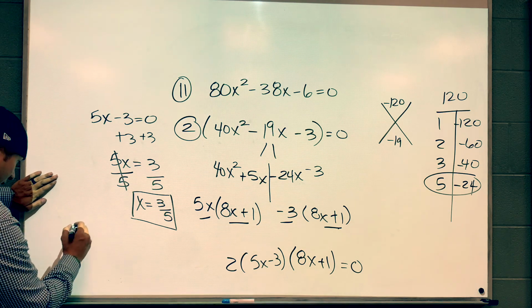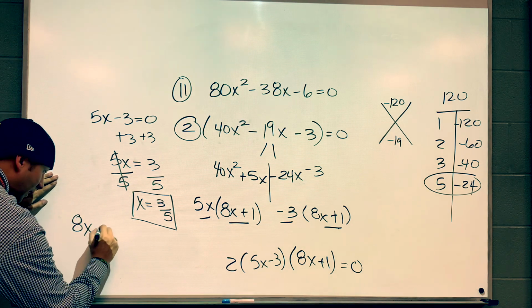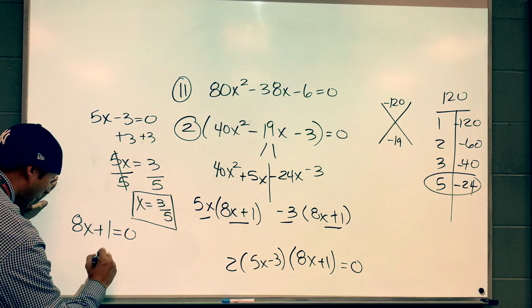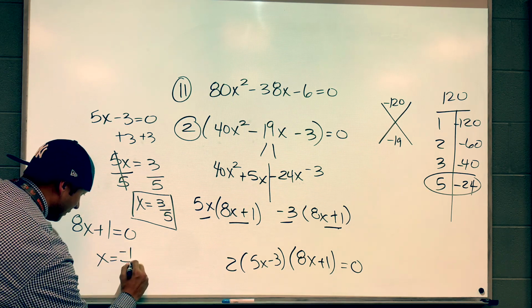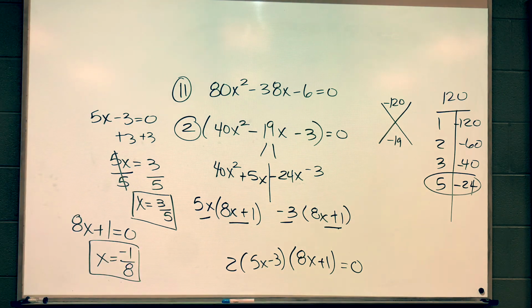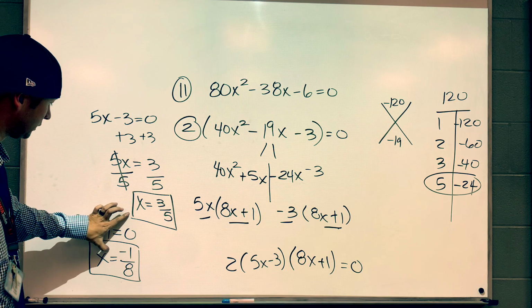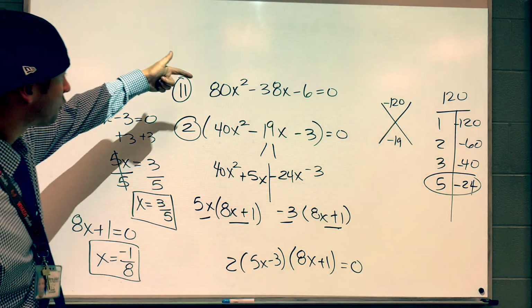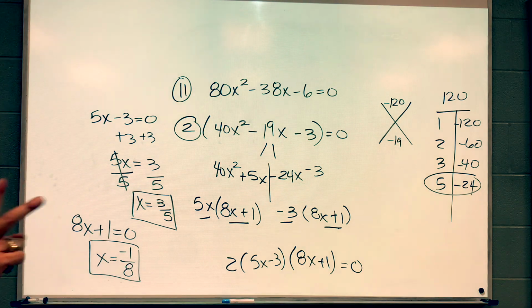And then 8x plus 1, so it's negative 1 divided by 8. Right, I subtract 1 from both sides, divide by 8. So x is equal to negative 1/8. So these are my two solutions. That's where this graph crosses the x-axis twice.